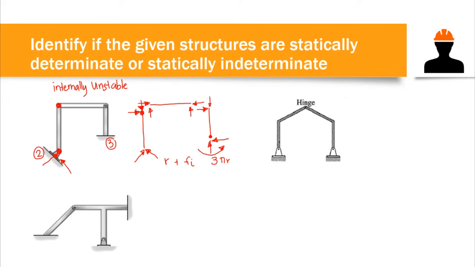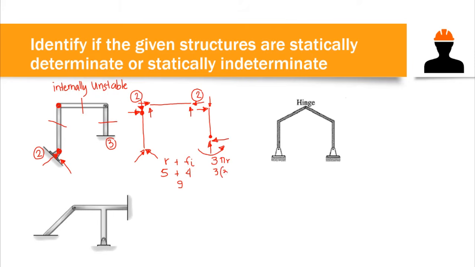So overall we have 5 reactions, plus the internal forces. We have 2 since we have an internal hinge, and on the other internal hinge we have also 2 forces. So overall we have 4 internal forces. So we have 9. Now we have the number of rigid members. We have this one, this one, and this one, so we have 3 rigid members.